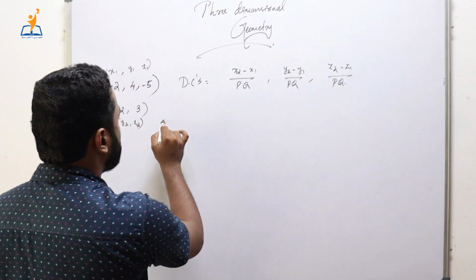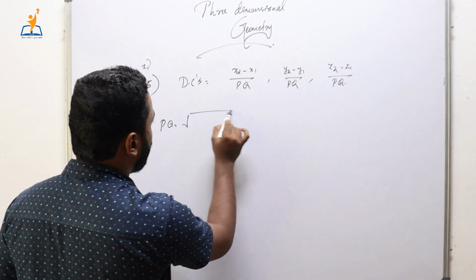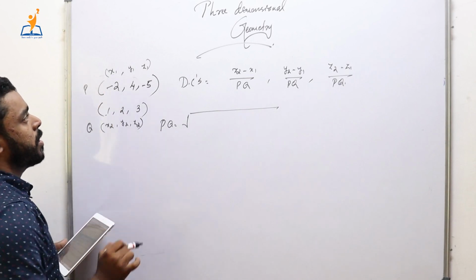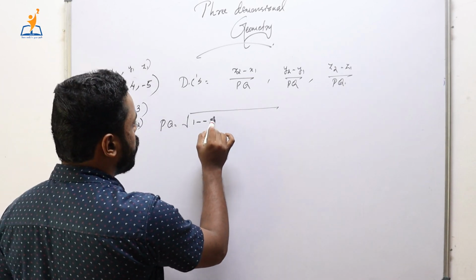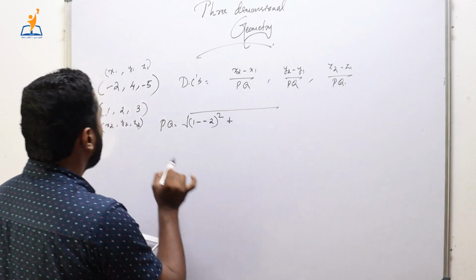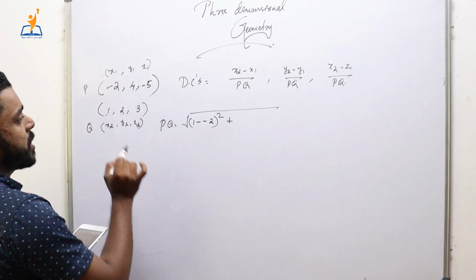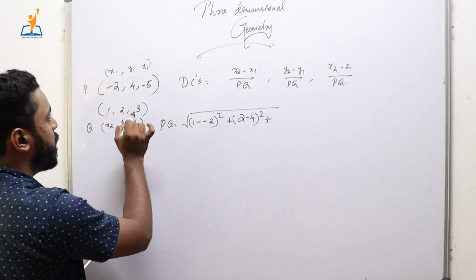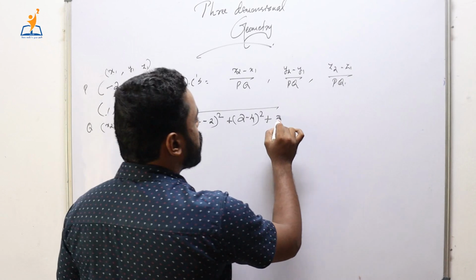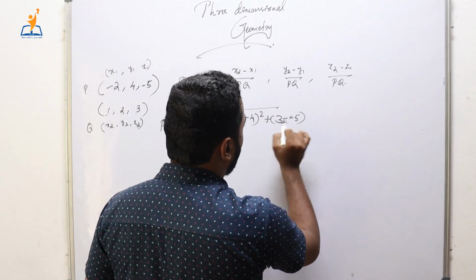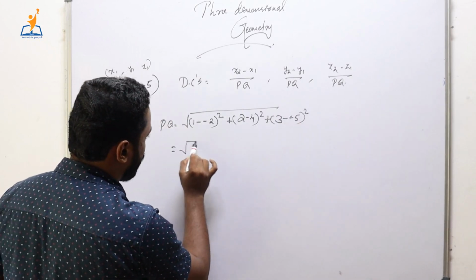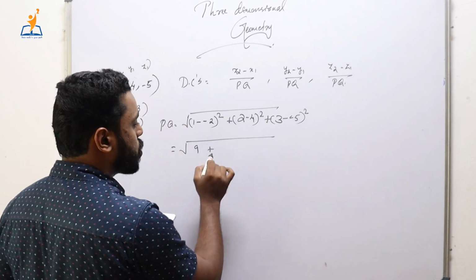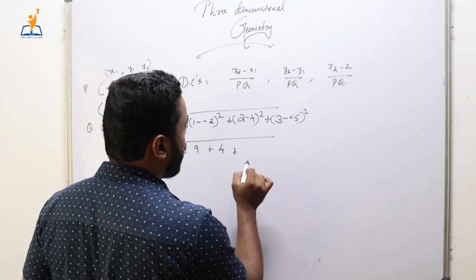Now we can easily find PQ as square root of x2 minus x1 the whole square. Here x2 is 1, x1 is -2. So 1 minus -2 the whole square plus y2, 2 minus 4 the whole square, plus the last component 3 minus -5 the whole square, which is equal to square root of 1 plus 2, 3 square, 9, plus 2 minus 4, -2 square, 4, plus 3 plus 5, 8 square.